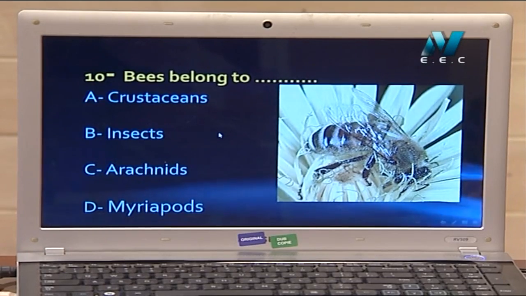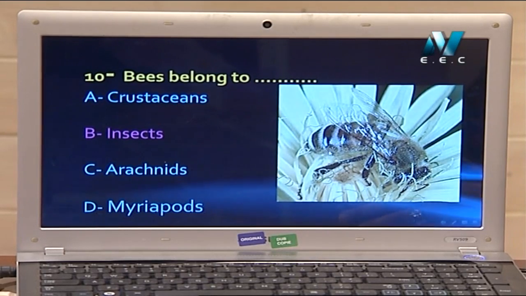Do you know bees? Bees here belong to the class called insecta. I want to talk with you about the difference between insecta and arachnida. When you look at the picture, you will see a bee. The bee is related to insects.